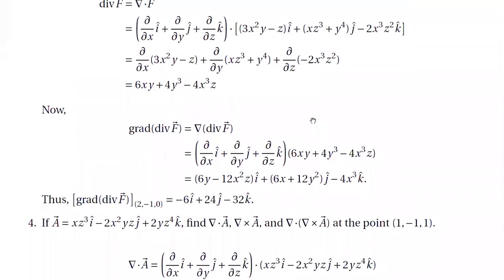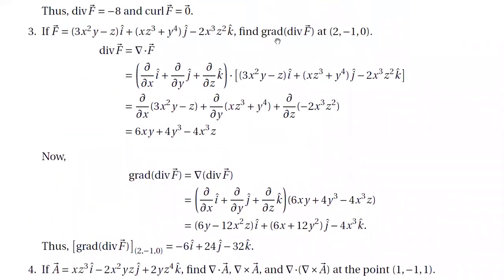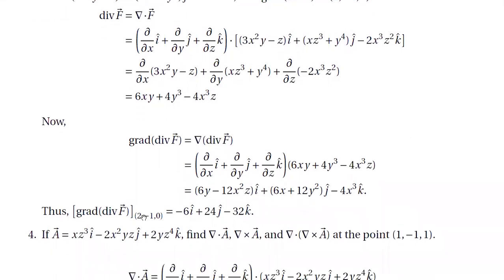But now in the question what they have asked is to calculate the value of gradient of divergence of vector f at the given point 2, -1, 0. So to calculate that, replace x here by 2, replace y here by -1 and replace z by 0. So the first term here becomes 6 into -1, so minus 6 here. This term will become 0 because of the z value which is 0.